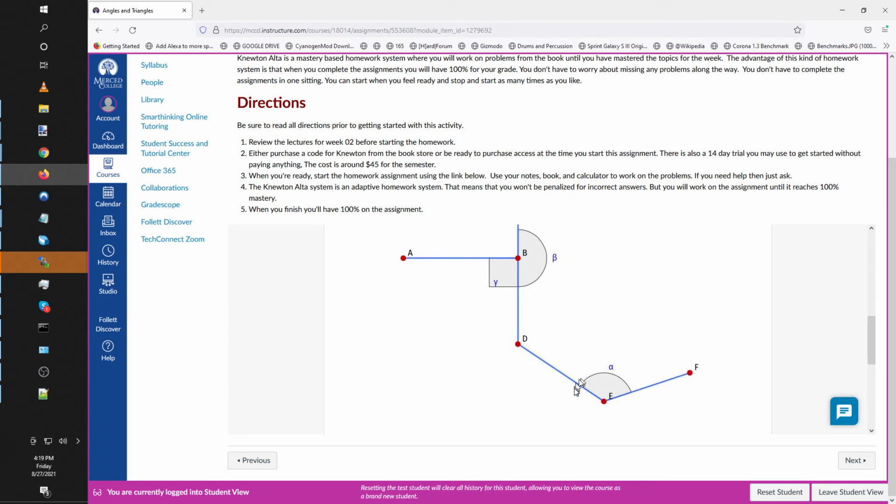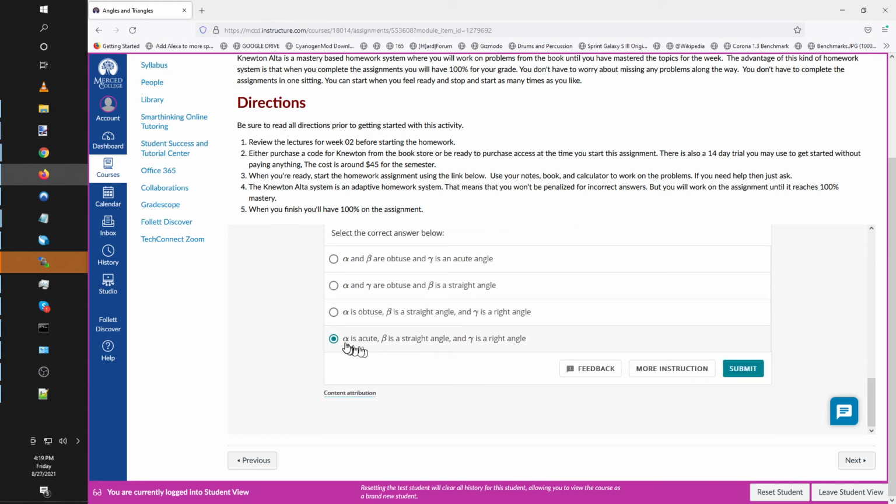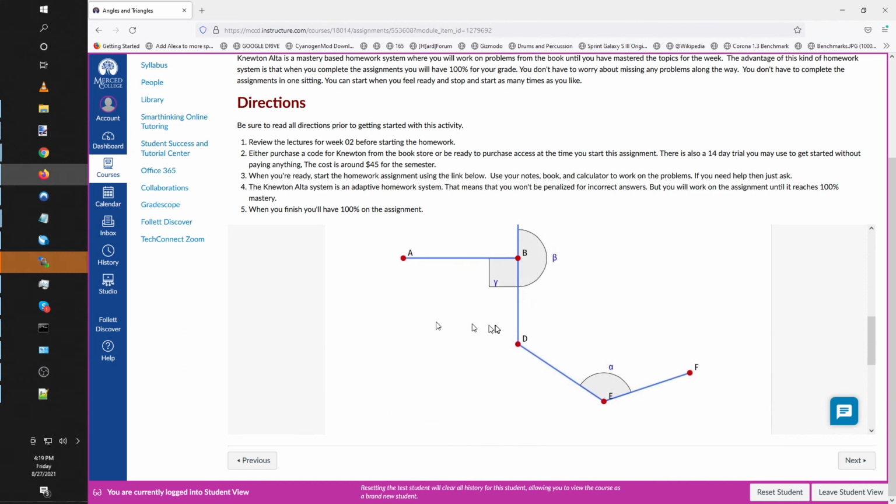Here's alpha. Alpha is greater than 90, so alpha is obtuse. So this is the wrong answer because this says alpha is acute. This could be right. So what is gamma? This Greek letter is gamma. Where's gamma?